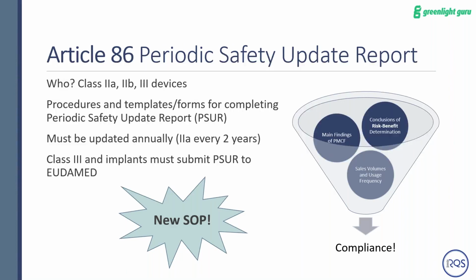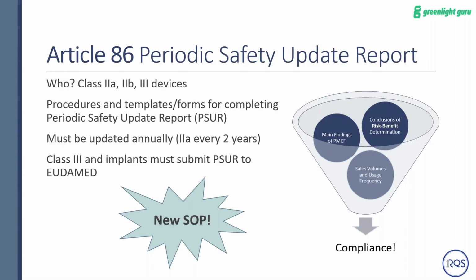Within this safety report, you'll have the main findings of post-market clinical follow-up, conclusions of risk-benefit determination. So this is feeding back to post-market surveillance as well. And then a new thing that's not typically reviewed on the CE Mark side is sales volumes and usage frequency.